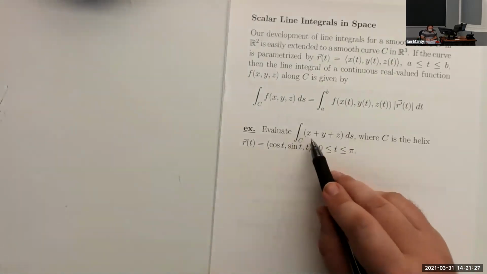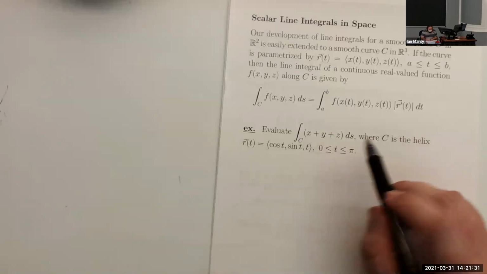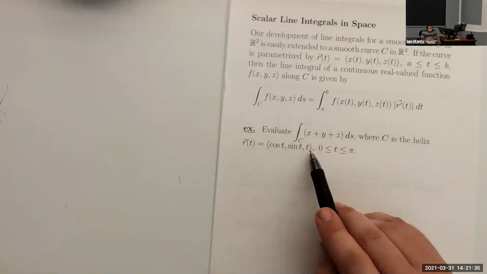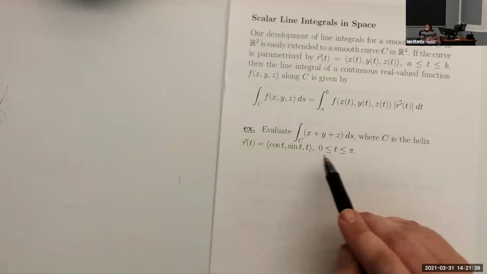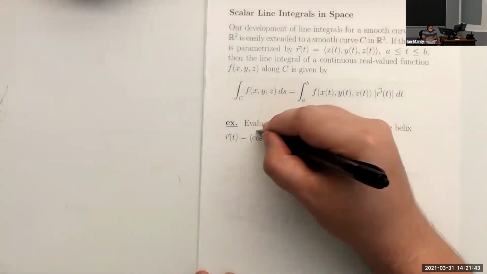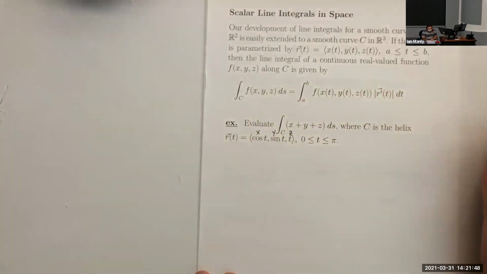Evaluate the line integral of x plus y plus z ds, where c is the helix, r of t is cosine t, sine of t, and t, and we're following along the helix from 0 to pi right here. All right, well, let's see. So we have our parametric equations. They were kind enough to provide those for us.